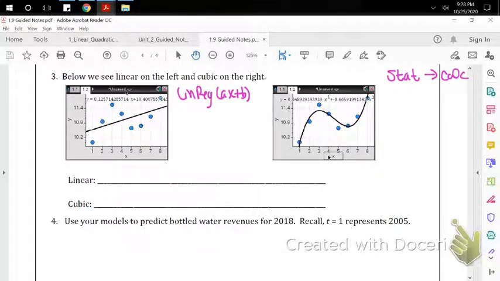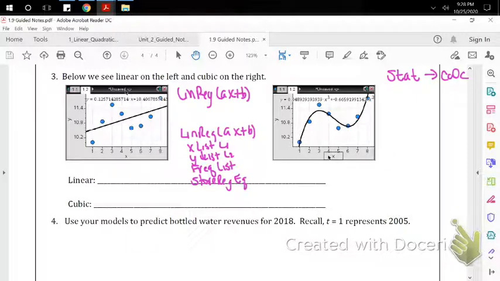Okay, the rest of y'all who have newer calculators, you'll see that LinReg at the top with the ax plus b. You'll also see X list, and it says L1. You'll have Y list, which is L2, which is the default in both calculators. You'll see frequency list, which has nothing there. Then you're going to see store regression equation, okay?